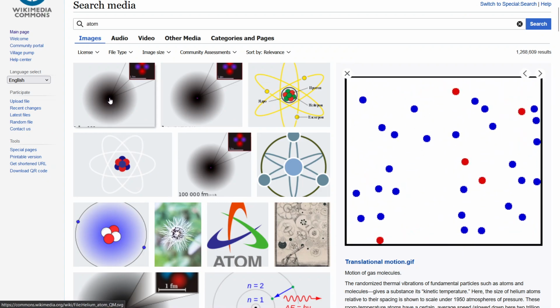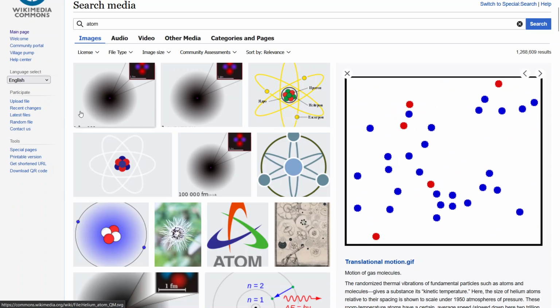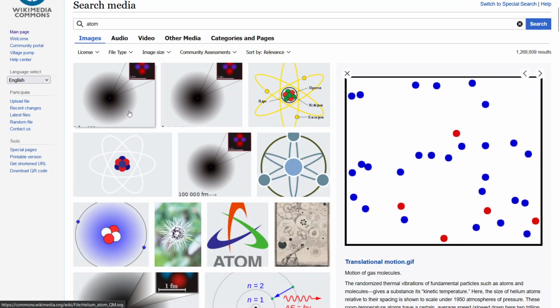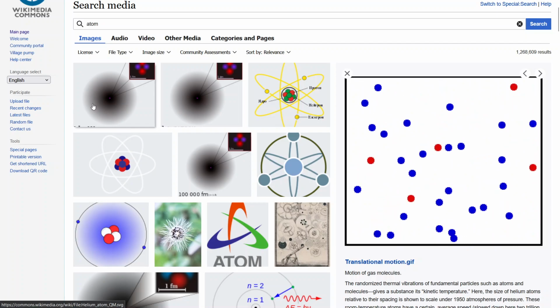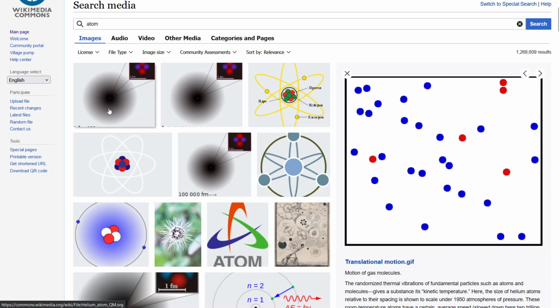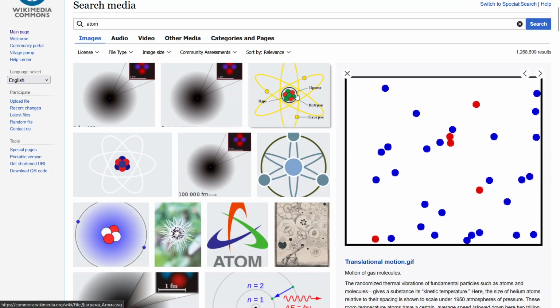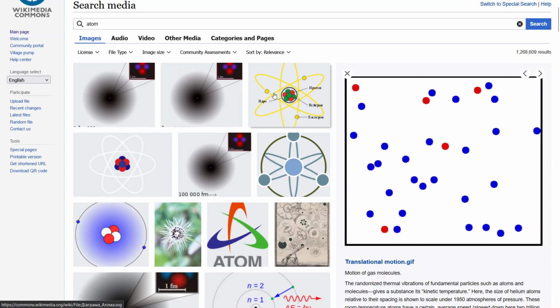The nucleus is very, very small there at the center, and then there's a cloud where the electrons might be. A cloud of possibility where you might encounter the electrons. So this is the old model of the atom with the electrons spinning around the nucleus.